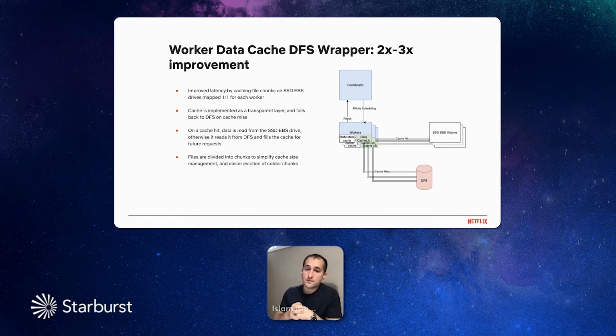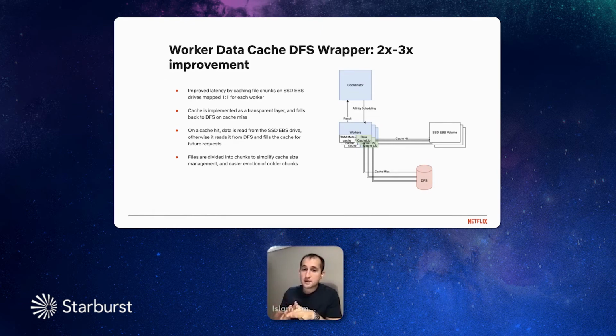The chunks that are already in the SSD cache, it will grab from there, and the chunks that are needed will be fetched from remote storage and cached. So you have cache misses that go to the remote distributed file store, and cache hits that grab the data from SSD.